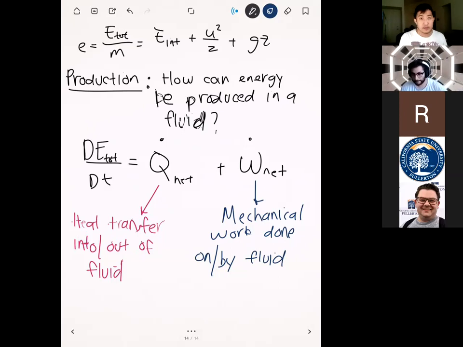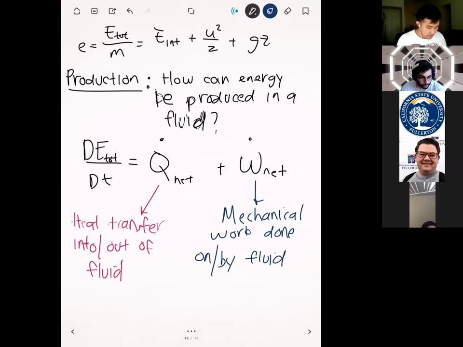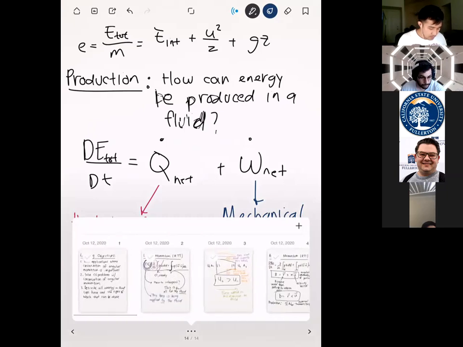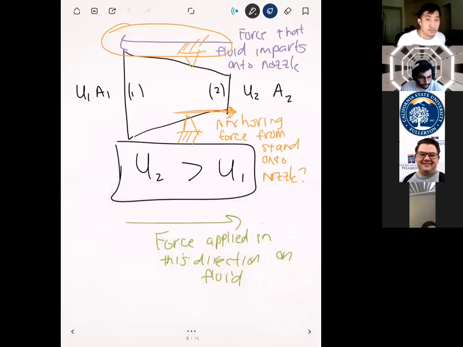I have a quick question. Sure, what's up? It goes back to the first thing you were talking about at the start of the lecture with the forces. For the homework, when you're talking about the thrust force, are we essentially taking the negative of that because we're focusing on what the fluid is doing?